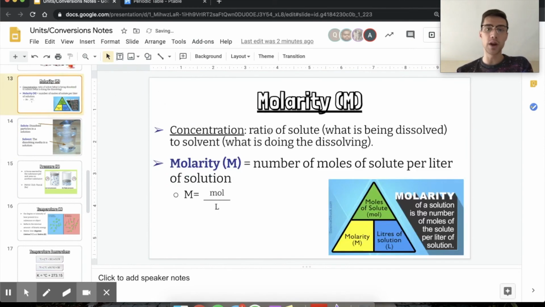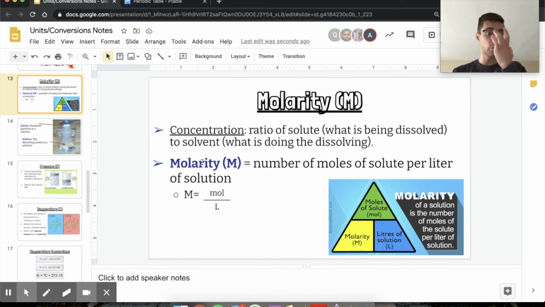So the ratio of solute, the stuff we're dissolving, to solvent is how much stuff did we dissolve and how much total stuff did we dissolve in. Dissolving 12 scoops of lemonade powder is going to give you a higher ratio of solute to solvent, which means 12 scoops is way more concentrated than 1 scoop.